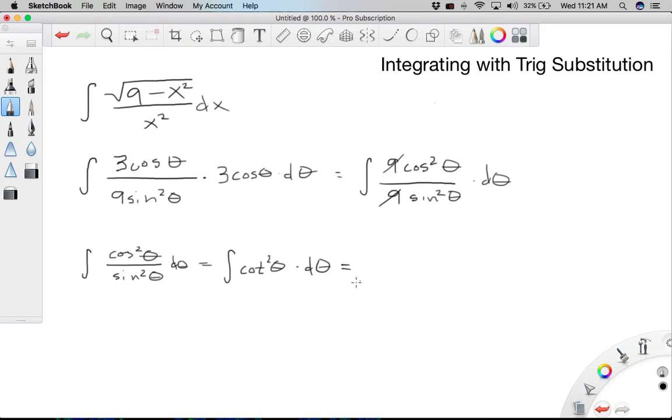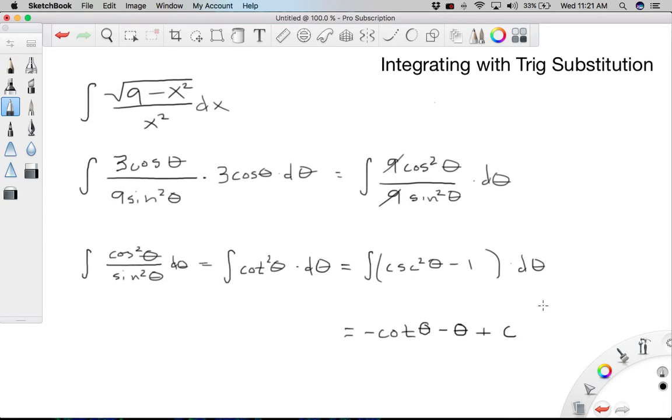But we know that cotangent squared is actually the same as cosecant squared minus 1. So we'll go ahead and make that substitution. And then we actually do know what the integral of cosecant squared is, and it's negative cotangent. So this is going to be negative cotangent of theta. And then the integral of 1 with respect to d theta is just theta. And then we have plus some arbitrary constant.